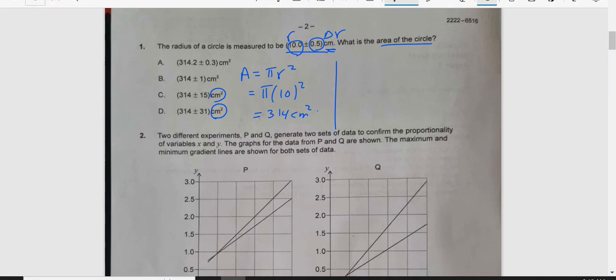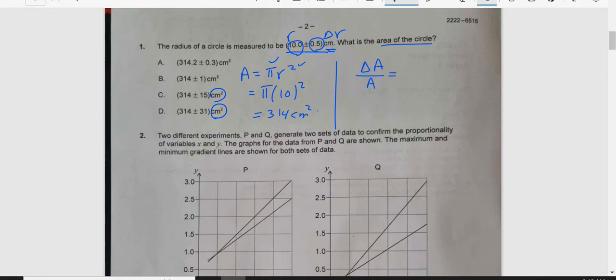Now, how can I calculate the uncertainty? Since I have here multiplication and I have a power, for the uncertainty in the area, I have to find the percentage or fractional uncertainty. So the fractional uncertainty in the area will be the uncertainty divided by the original area, which will equal: pi is a constant, so we can ignore it.